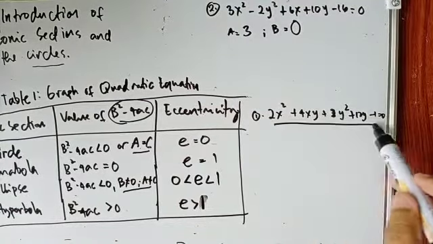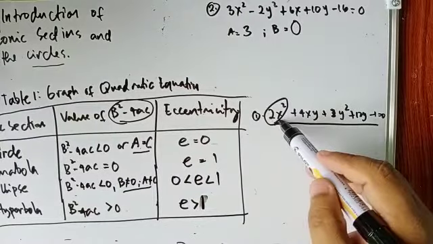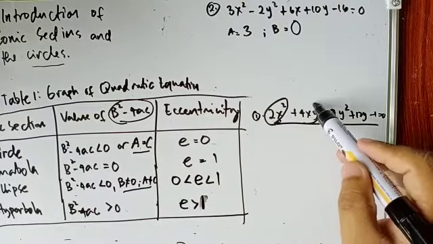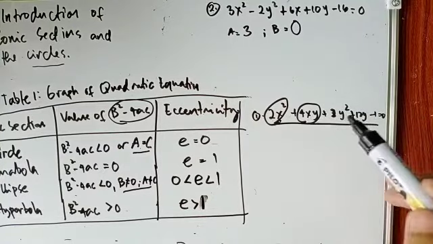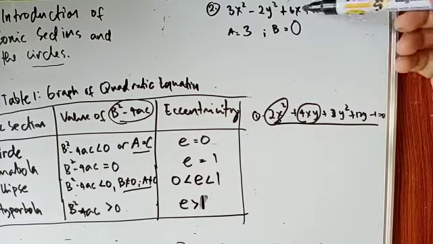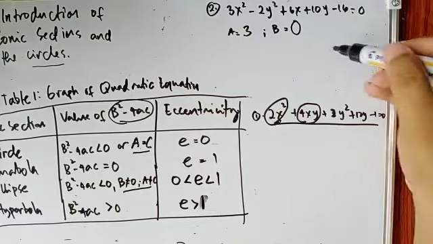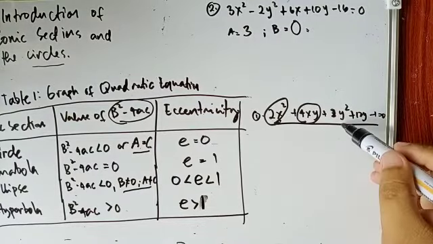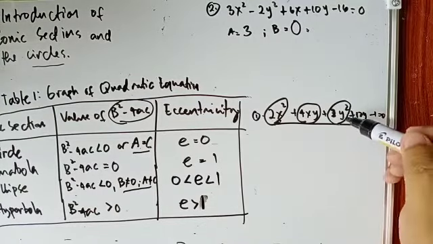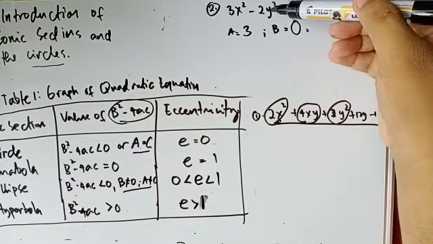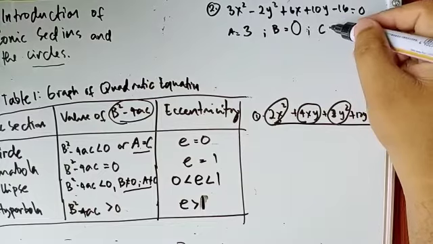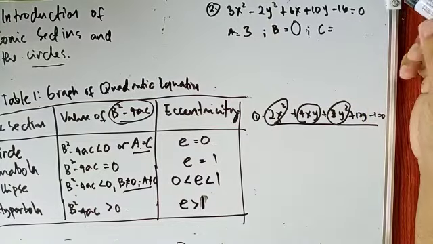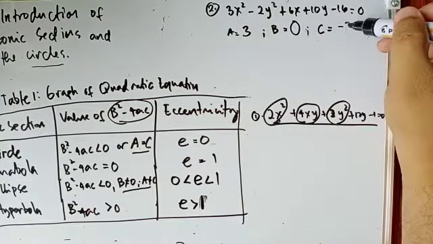Again, kung titignan natin, yung A natin dapat nasa x squared. Yung B naman natin dapat may xy siya. Kasi 4 yung ginamit natin kanina. Dito, wala tayong variable na xy. Therefore, yung B natin is equal to 0. Tapos, yung C naman natin dito kanina, dapat nasa y squared siya. So, ano yung C natin dito? Expected. Very good. Yung C natin dito must be equal to negative 2.